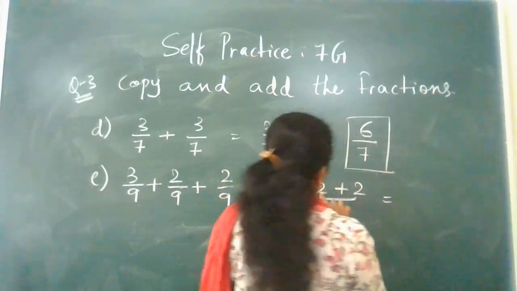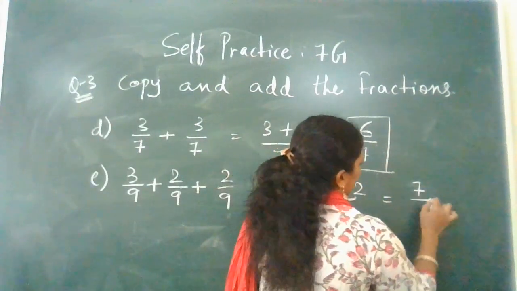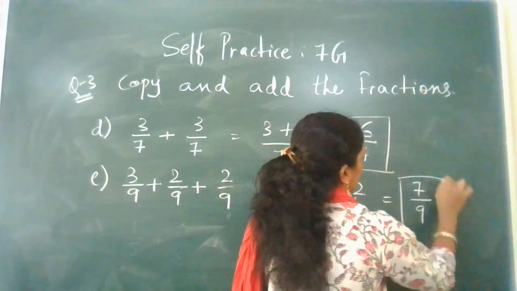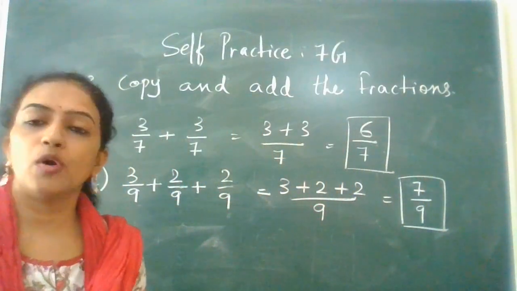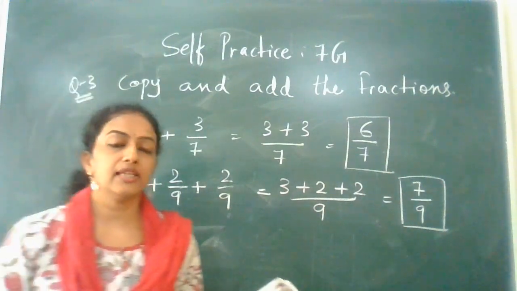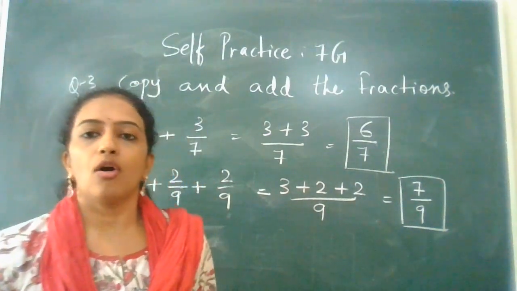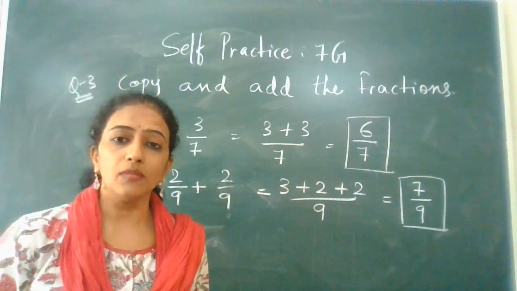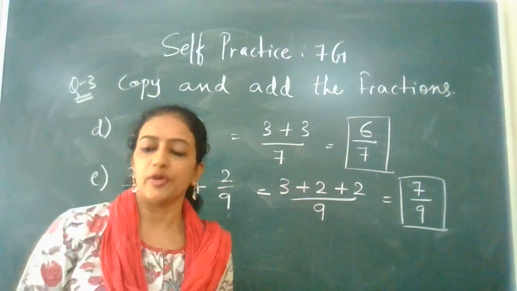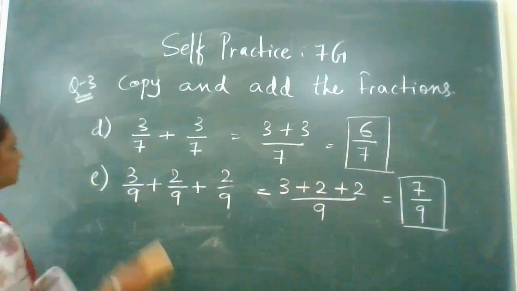So 3 plus 2, 5 plus 2, 7 upon 9. This is your answer of E. Still two more questions are remaining, F and G, to be done by your own. The whole question 3 is to be done in the classroom. Okay, now let's see question number 4.